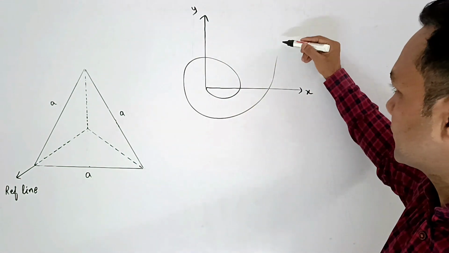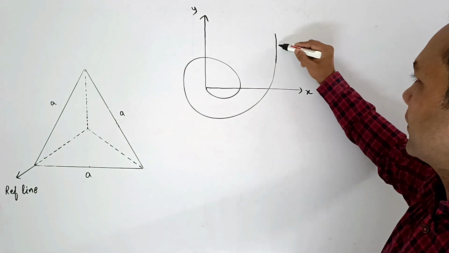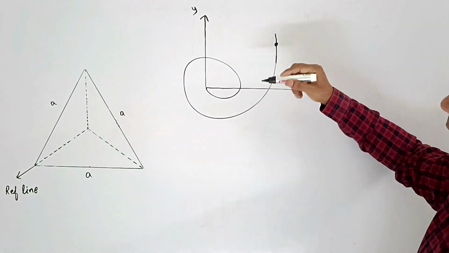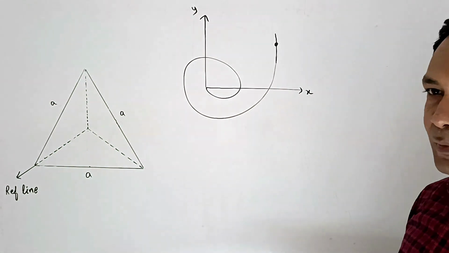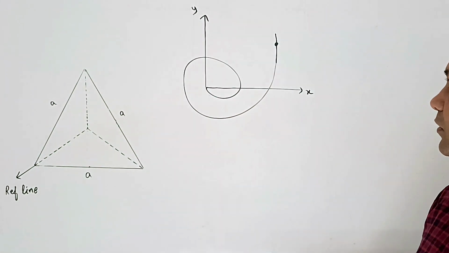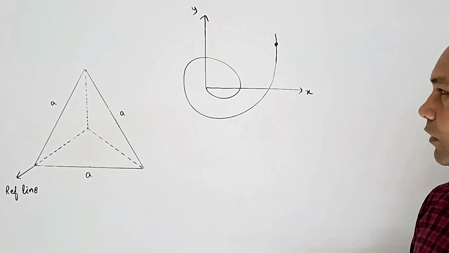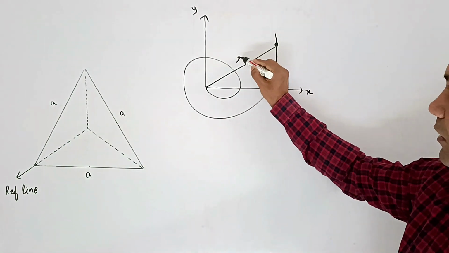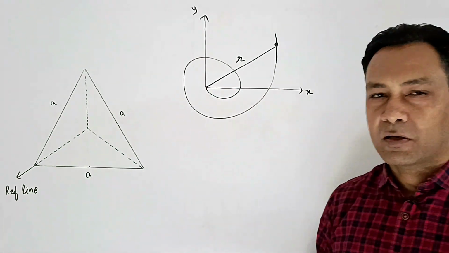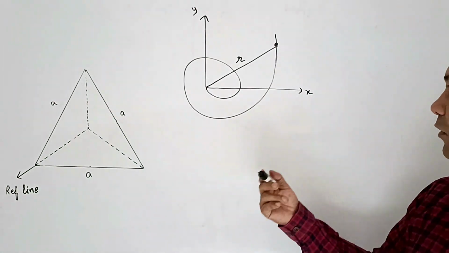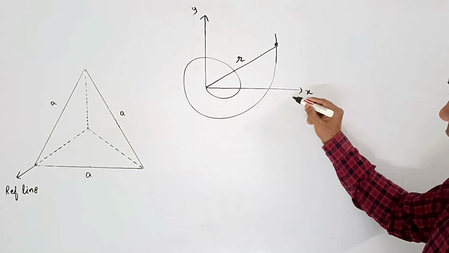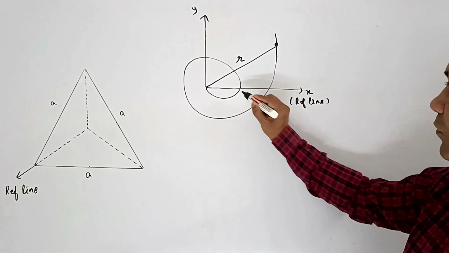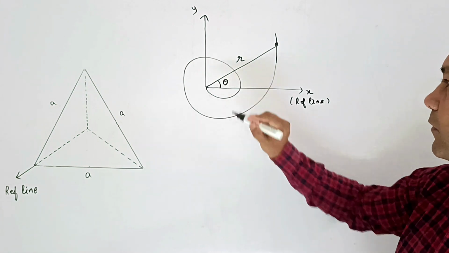If it is somewhere here, in place of defining this position as x comma y, I will define this position as r comma theta, where r is the distance from the origin, and theta is the angular position from a reference line. Suppose I take the reference line as the x-axis itself.